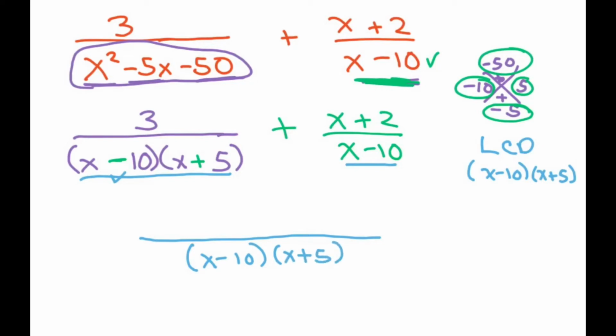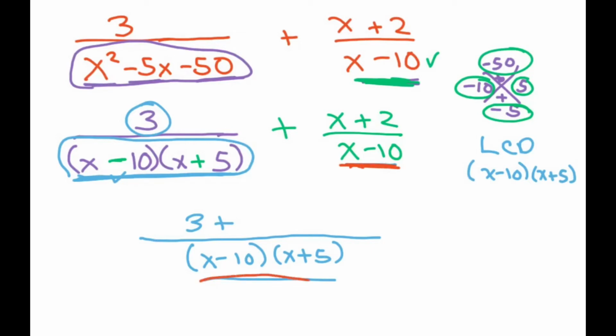Now what I do is I look at my old denominator here, and I ask myself what times this denominator gives me my new one. And it's just 1. And then you say 1 times 3, and that's 3. So that one stays the same. However, on this one, here's my old denominator, here's my new one.